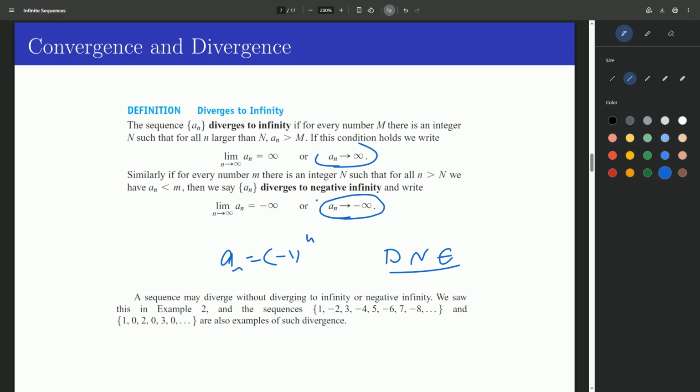So divergence can have different forms. The sequence may diverge to plus infinity, minus infinity, or the limit does not exist. We say that it is divergent, without saying what type of divergence.